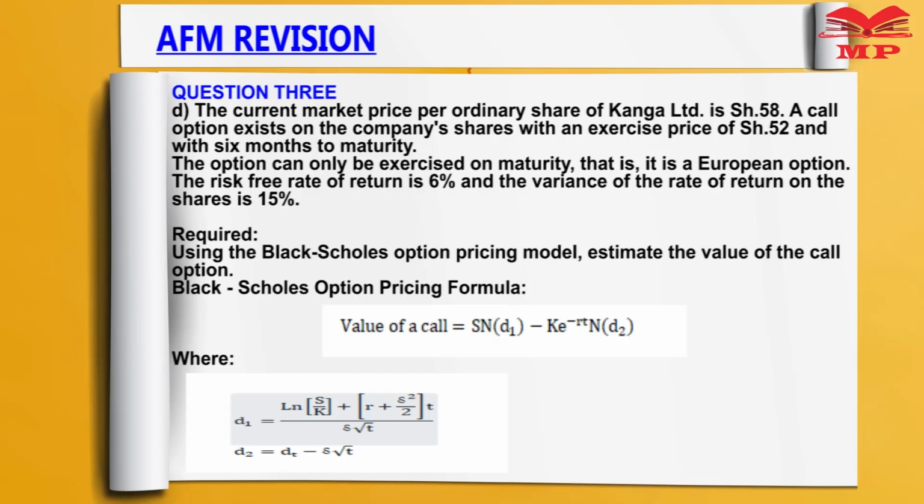Required, using the Black-Scholes option pricing model, estimate the value of the call option, 6 marks. Down there, the formula for Black-Scholes option pricing is provided.